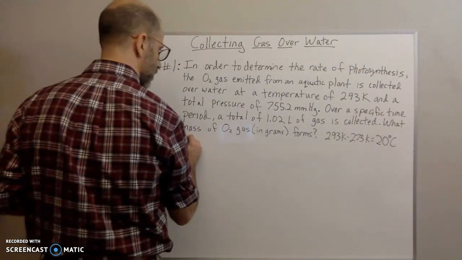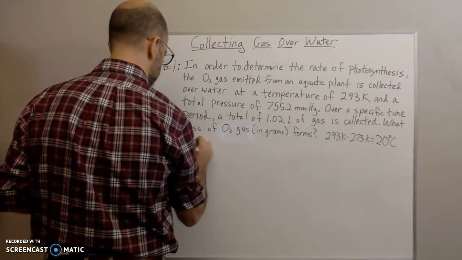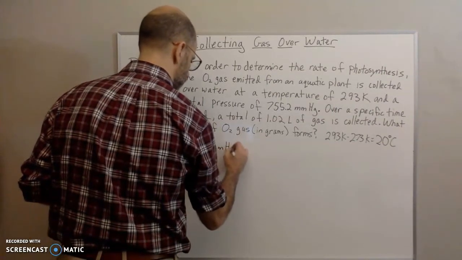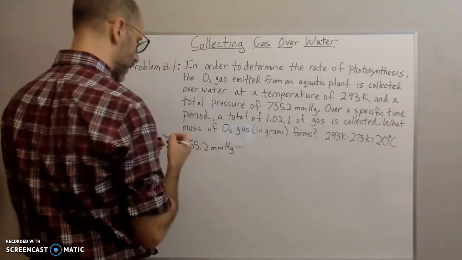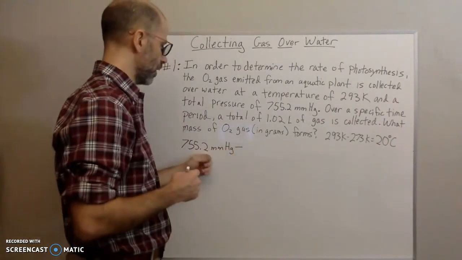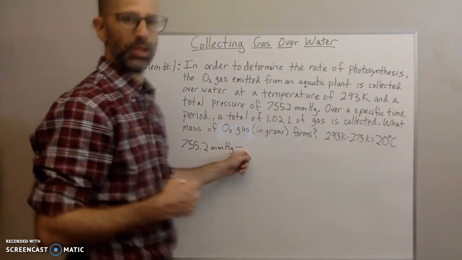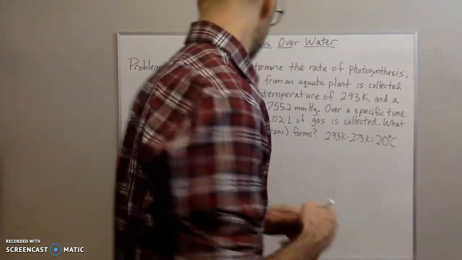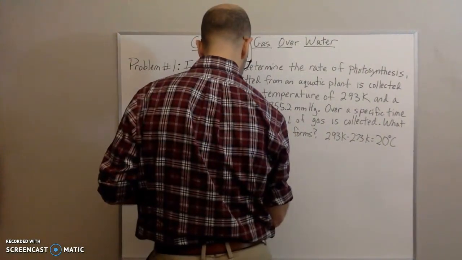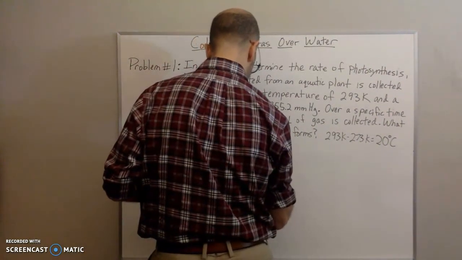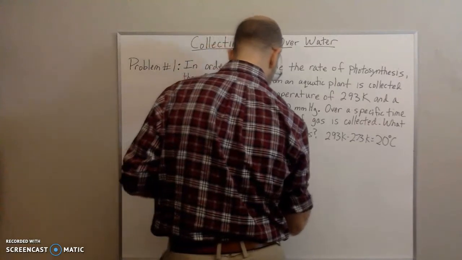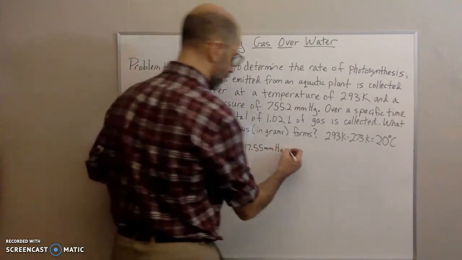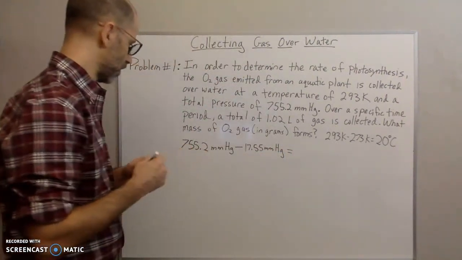I'm going to take 755.2 millimeters of mercury, this is the total, and subtract out the millimeters of mercury due to water. What did I say? I said 17.55 millimeters of mercury. Okay, so I subtract that out.